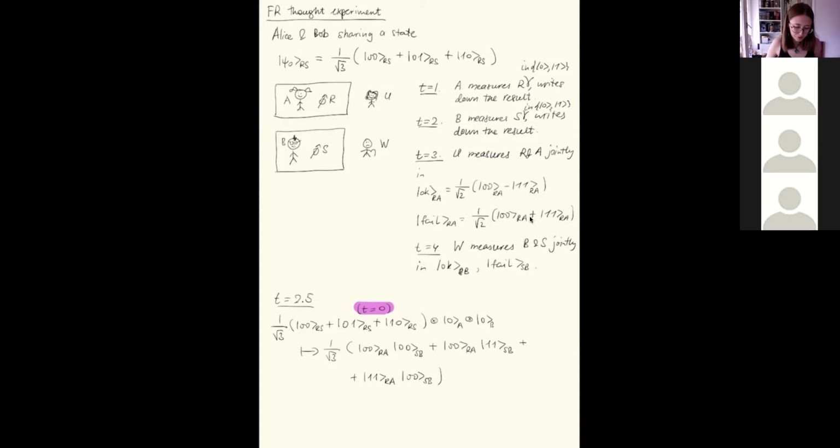But before we start making these conclusions, we add another aspect to this experiment. We have Ursula and Wigner measuring in this okay-fail basis, right? So let us post-select on a particular event of both of them getting the outcome okay.